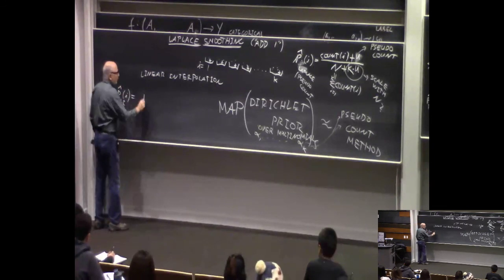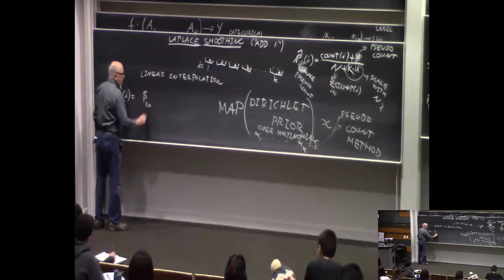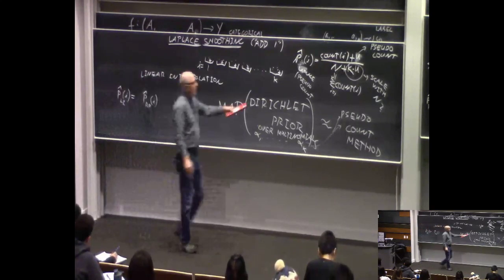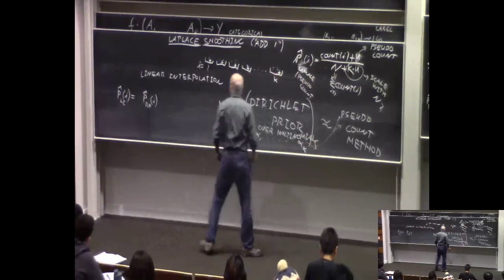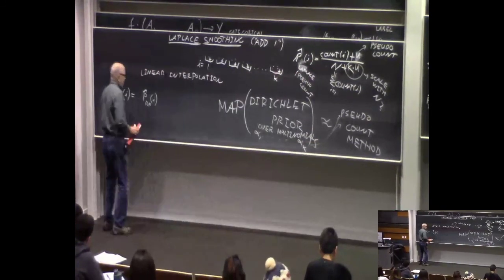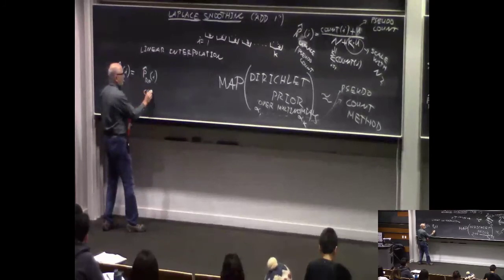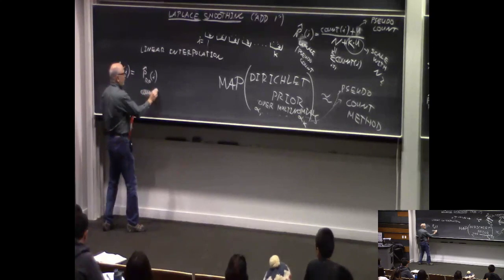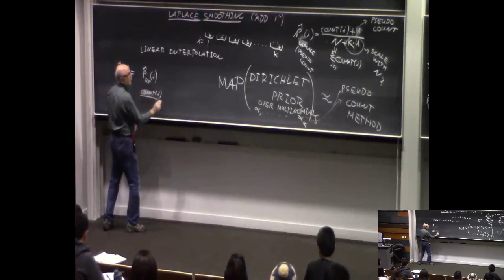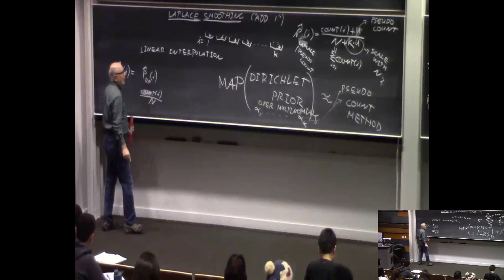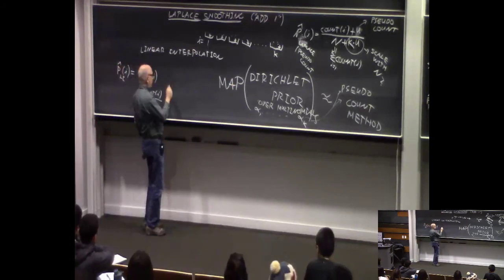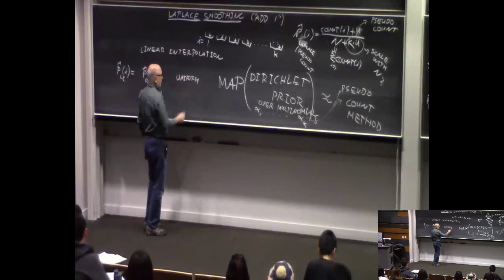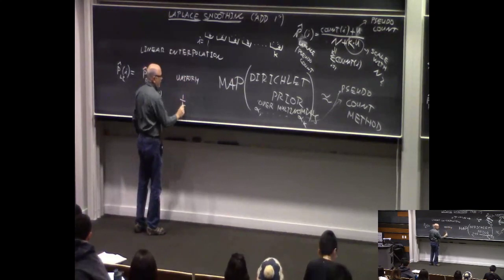You start with the probability assigned by the relative frequency method, which is count of i over n. And then you use, say, the uniform, which would be here just 1 over k.